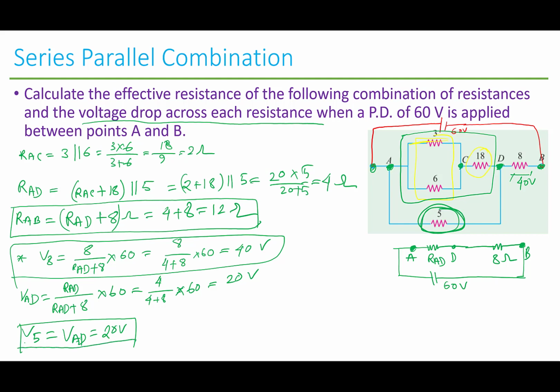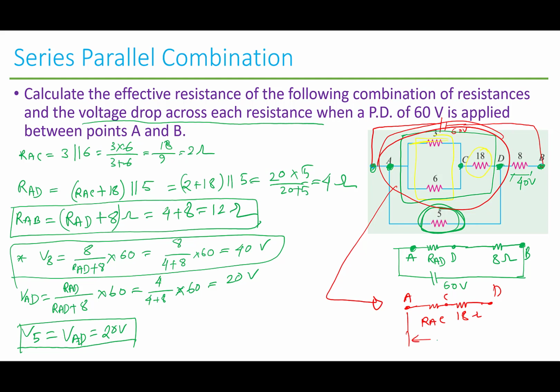Once we get VAD, this part we can simplify in this way. One resistance is RAC, and the other resistance is 18, this is terminal D, this is C, this is terminal A, and the voltage across A and D is 20 volts.